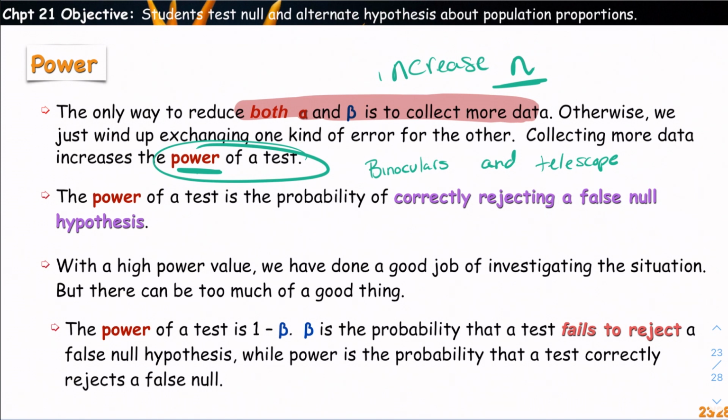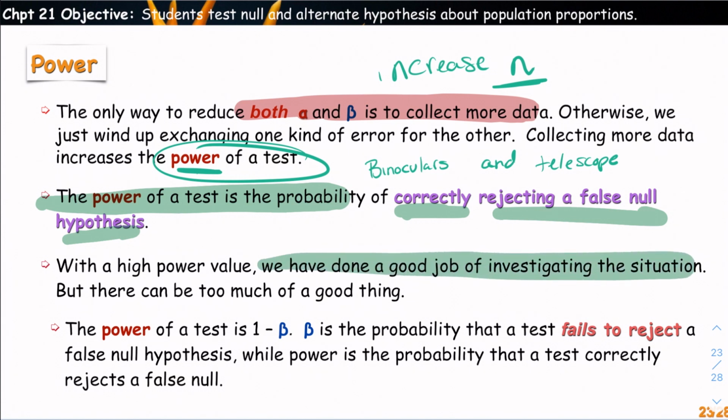So the power of a test is the probability of correctly rejecting a false null hypothesis. With a high power value, we have done a good job of investigating the situation, but there can be too much of a good thing. The power of a test is 1 minus beta.